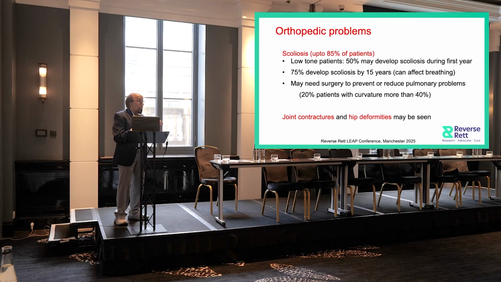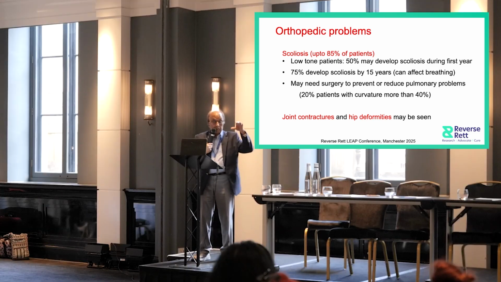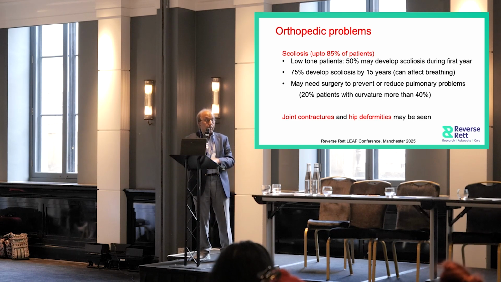We talked about the scoliosis, or the side curvature of the spine, which has been reported in the majority of patients, up to 85% of them. And in low tone patients, up to 50% may develop it during the first year of life. The key thing is that some expert has to keep an eye on that.